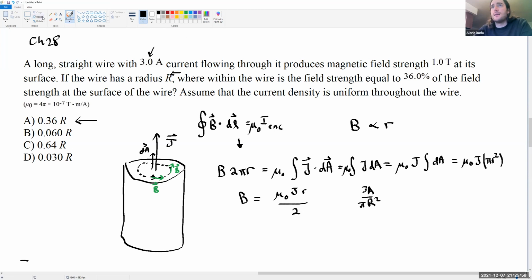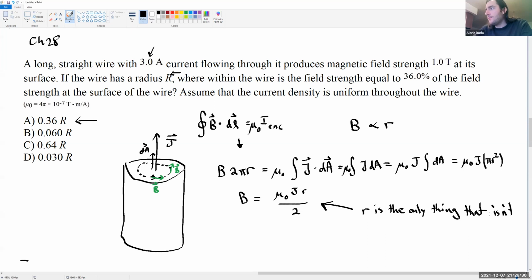We're being asked, in fact, when is the field strength going to be equal to 36% of the field strength at the surface of the wire? And the only thing over here on the right-hand side that can change is little r. J is constant here.